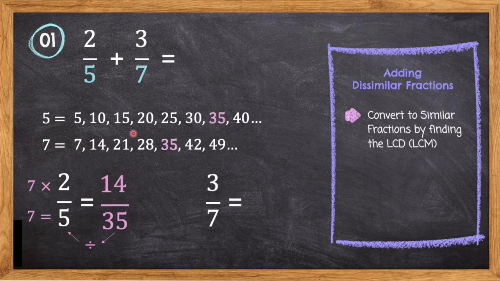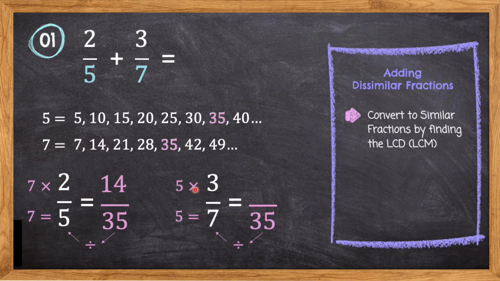And then, the second fraction, 3 over 7. Again, using the LCM 35, kay mao man atong goal, himuon sila similar fractions, pareho og denominator. Using the same process, 35 divided by 7 will give us 5. Then, ang quotient i-multiply sa numerator.